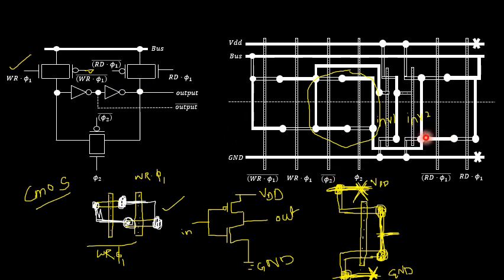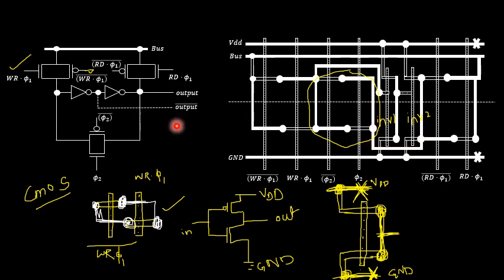So this is the another end, so this is the output of the inverter 2, so it has to get connected with that. Also it has to get connected with phi2 complement where it is not connected with write phi1 signal, that is write phi1 and write phi1 complement connected in parallel. So this side is connected to write phi1 and write phi1 complement, whereas this side is not connected to that write signal. So for that the connection has to go.